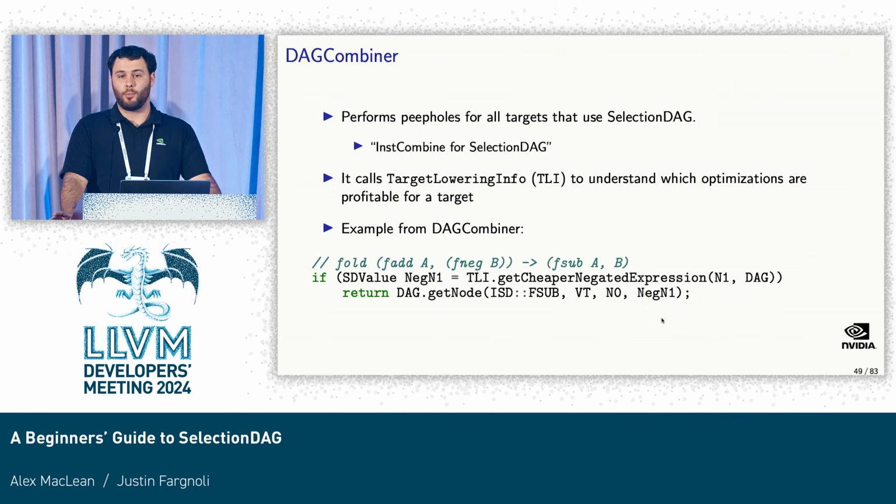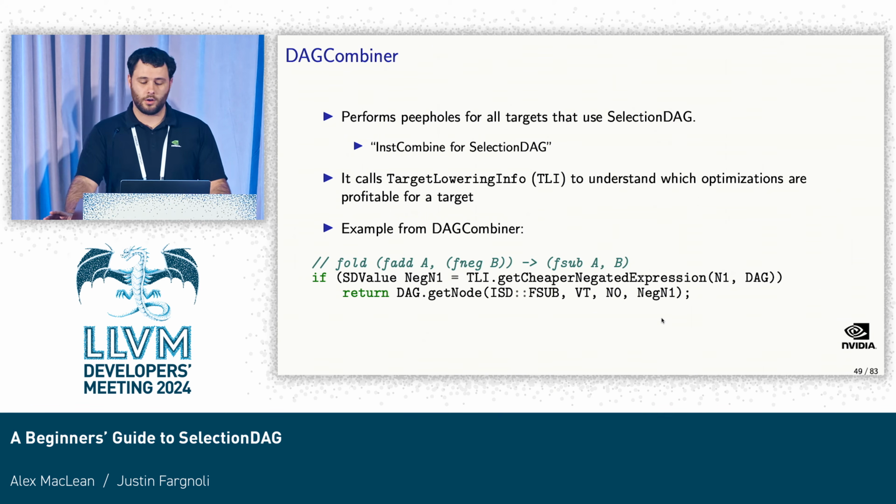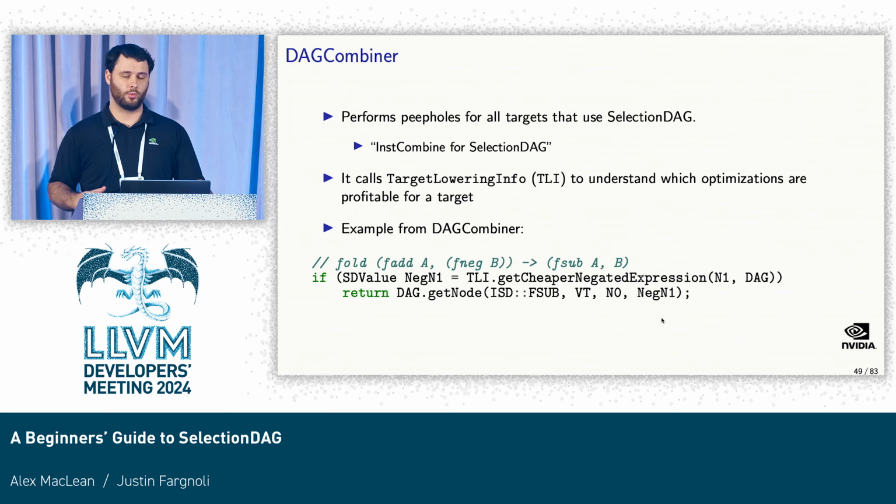So first, let's talk about DAG Combiner. DAG Combiner performs peepholes for all targets that use SelectionDAG. It's essentially the InstCombine for SelectionDAG. SelectionDAG calls target lowering info to understand which optimizations are profitable for a particular target. Below, we can see a code snippet from DAG Combiner.